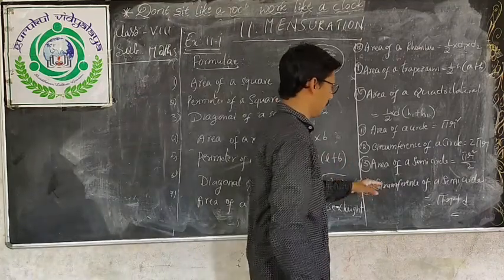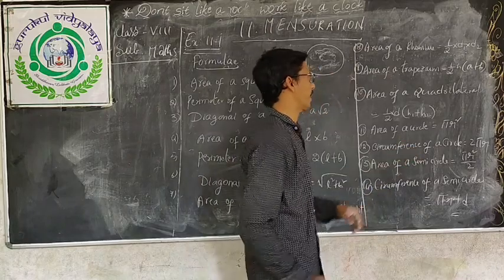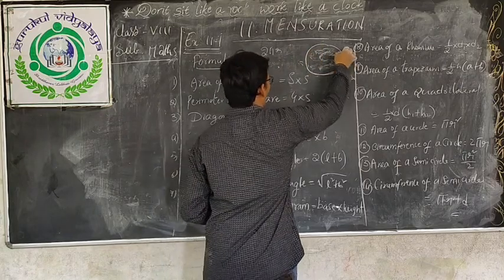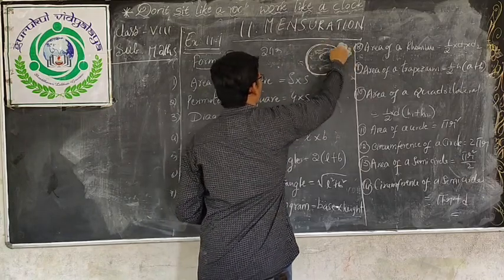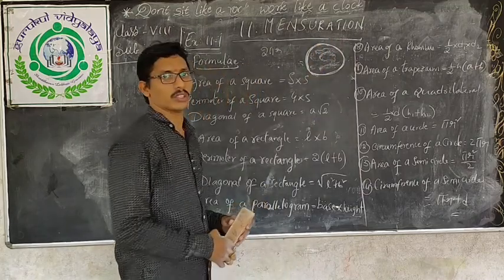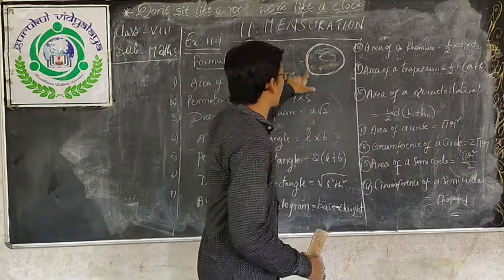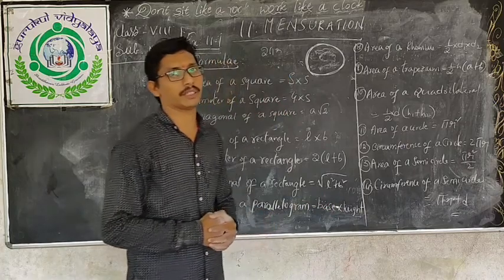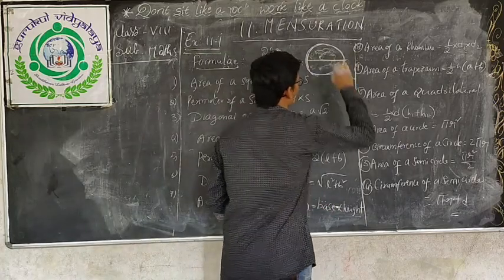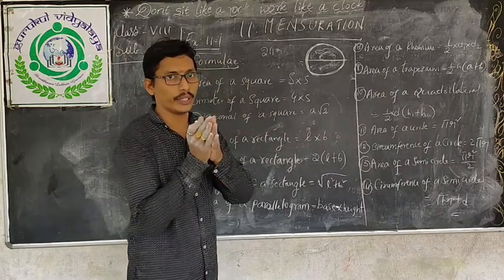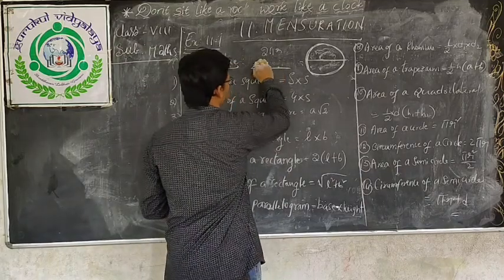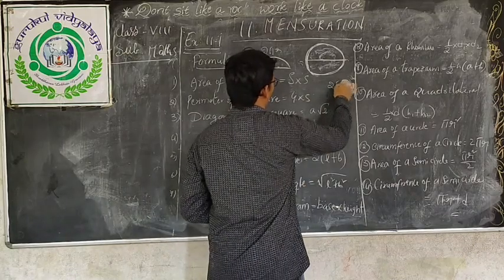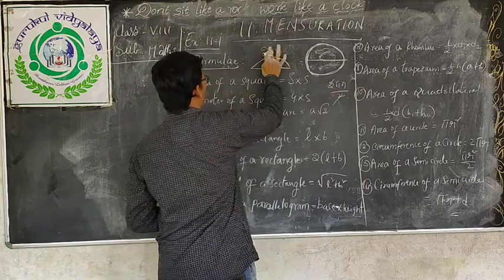Now the circumference of a circle is 2 pi r. That means the total length of this round edge is 2 pi r. But the circumference of the semicircle is half of that part. When we cut it into two equal parts, you get a part like this. 2 pi r by 2, half you cut, the 2 cancels, and we get pi r.